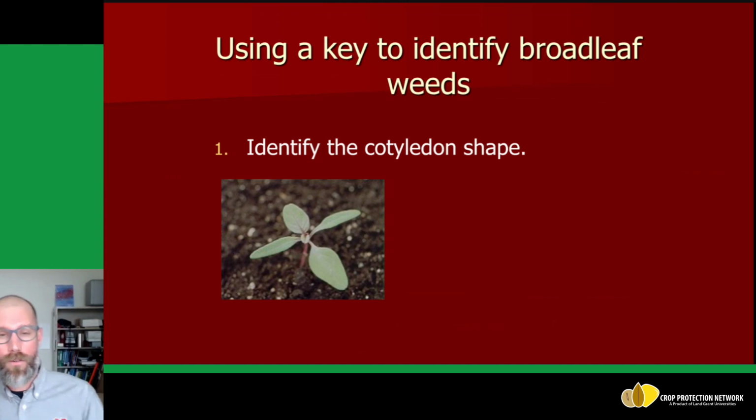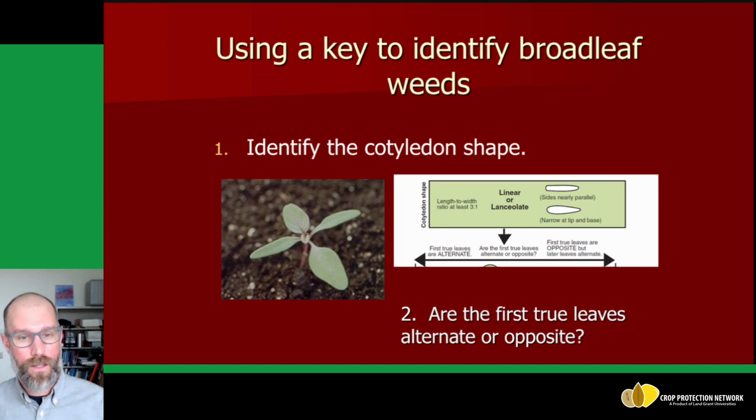And so first, it's going to walk you through the cotyledon shape. Usually, again, we're focused on seedling identification. Certainly as a plant gets up to a certain size, the cotyledons oftentimes will fall off, or you won't be able to find them anymore. And so this wouldn't be as useful for larger plants, but then usually it has more distinguishing characteristics as it gets larger. So start with the cotyledon.